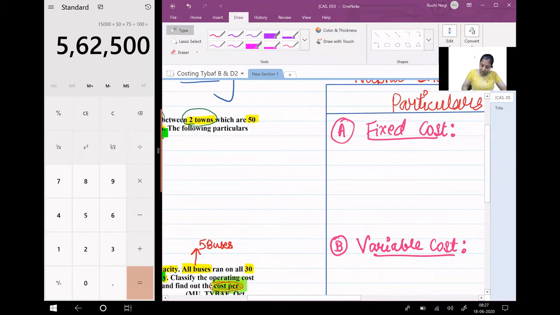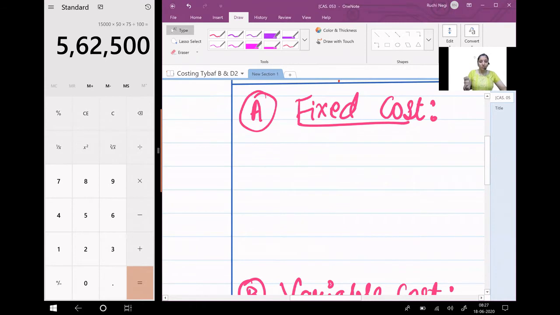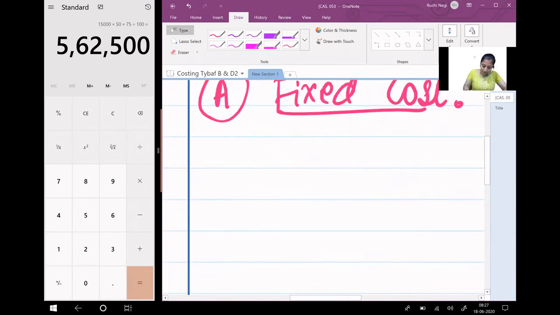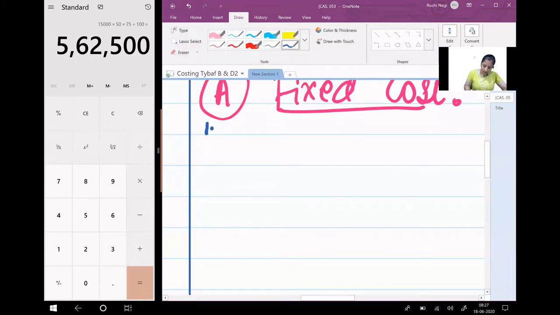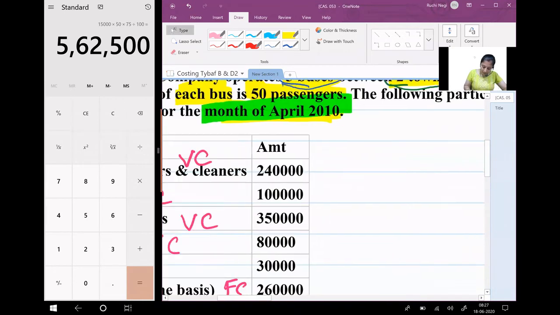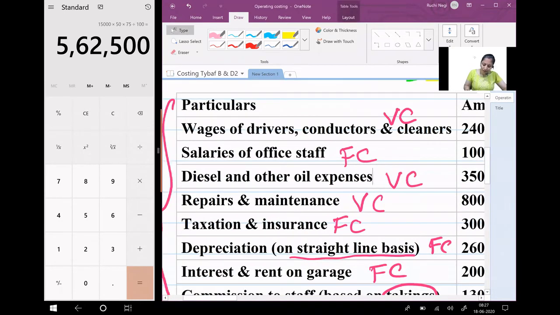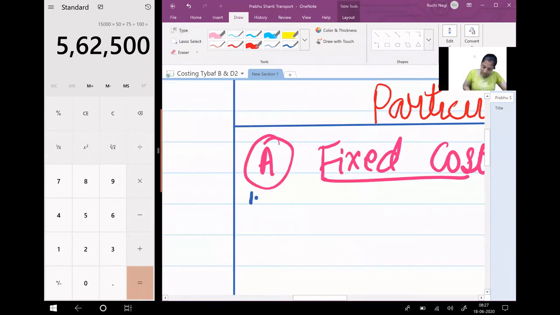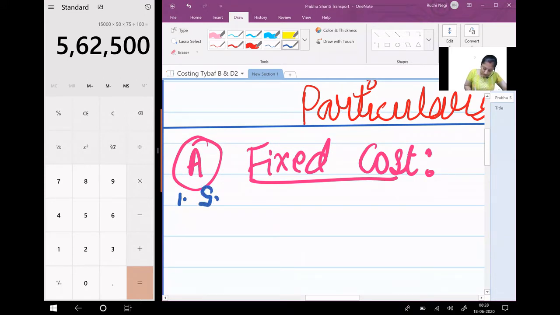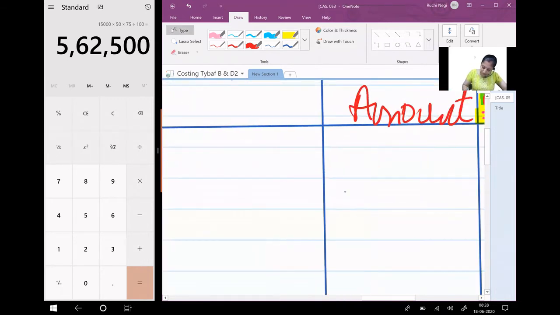Now let us identify and put the figures here. First is fixed cost. So let us write all the fixed costs first. What is the first fixed cost? Salary to office staff. What is the value? 1 lakh rupees. Write the amount: 1 lakh.